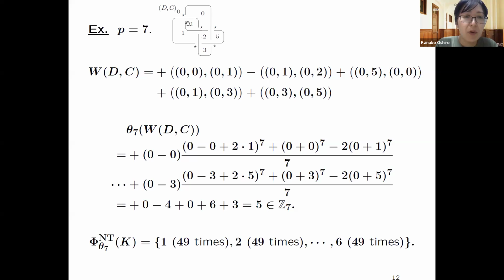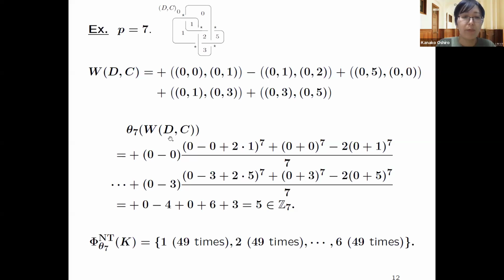From this crossing, we choose this region, then the sign is plus, and we have plus (0, 0), and (0, 1). Like this, we can obtain this weight. From this crossing, we choose this region, then the sign is minus, and the weight is minus (0, 1), (0, 2), like this.